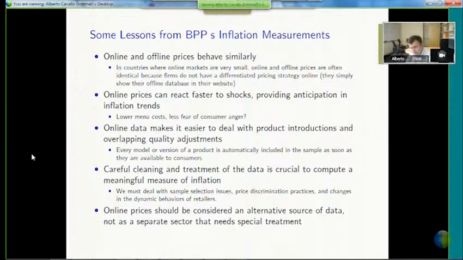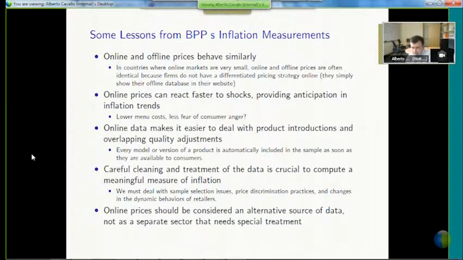First, we found that online and offline prices behave similarly, that online prices tend to react earlier to shocks, as I said before, and that online data facilitates the handling or the management of new products and doing quality adjustments due to overlapping.